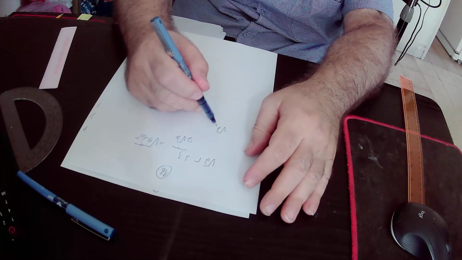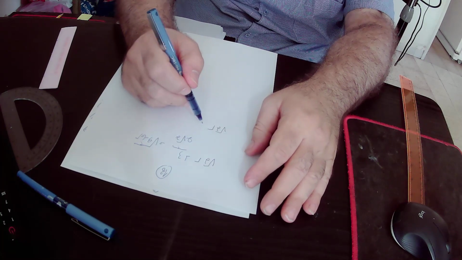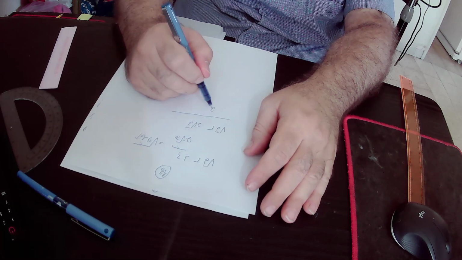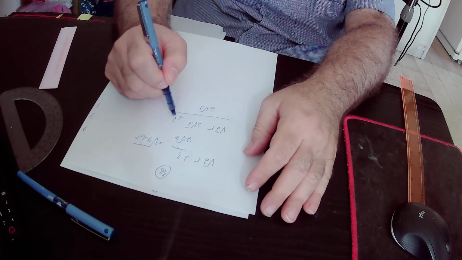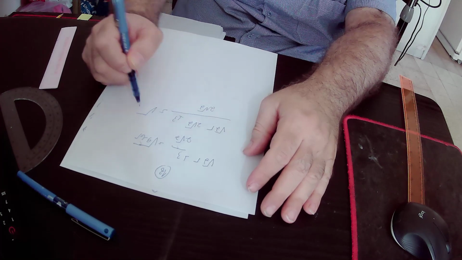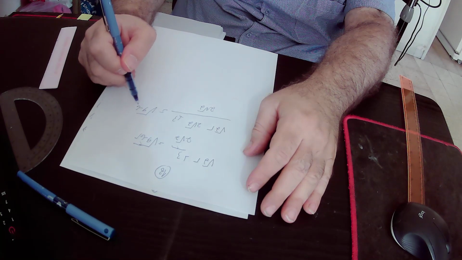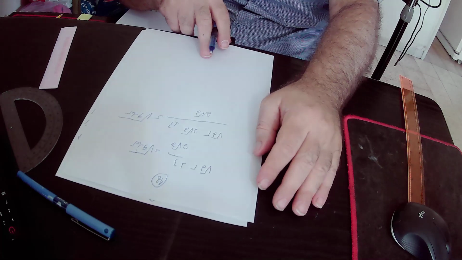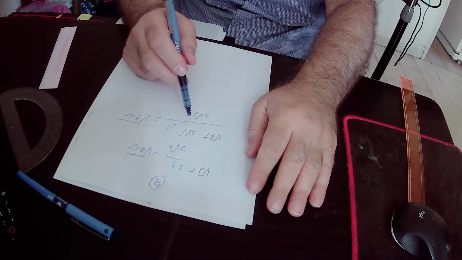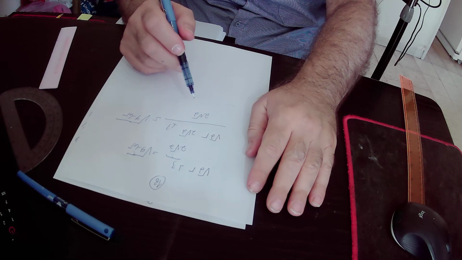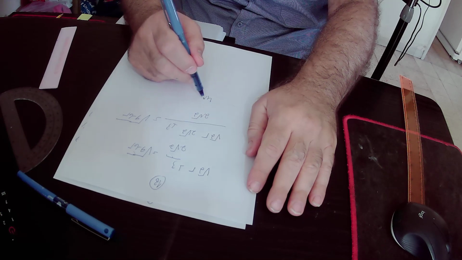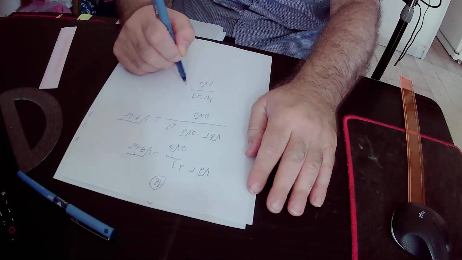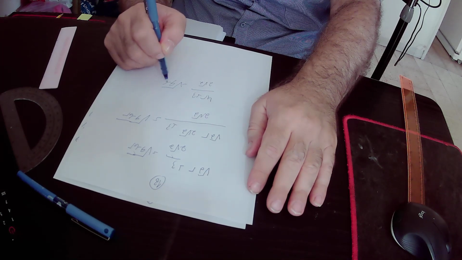We have 2 times root 2 times R over 2 times root 2, plus 3, equals the root of 9 minus 6R. Here 2 times root 2 is 2 and 2 times 2 is 4. So in total we have 4R plus 3 over 2 times root 2 equals the root of 9 minus 6R.